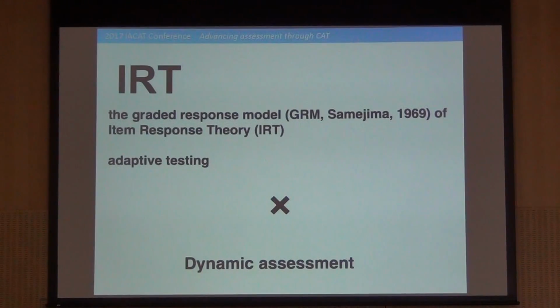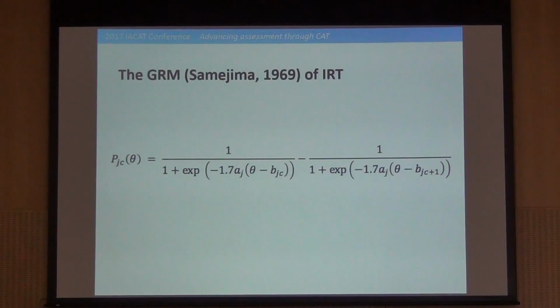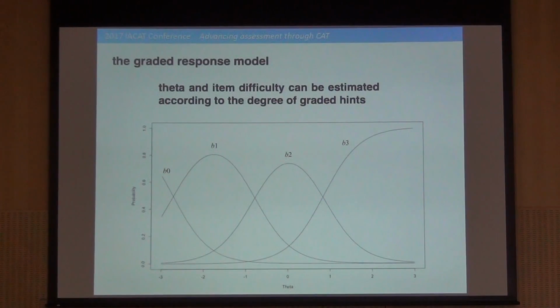So we use the graded response model of IRT and develop an IACAT. We use the GRM. GRM is one of the extensions of the two-parameter logistic model, and it's one of the polytomous IRT models. With the help of GRM, theta and item difficulty can be estimated according to the degree of graded hints.